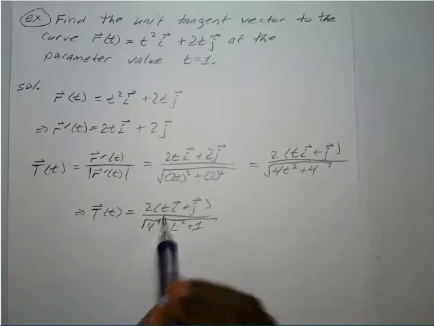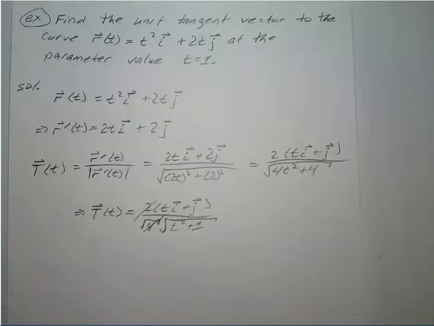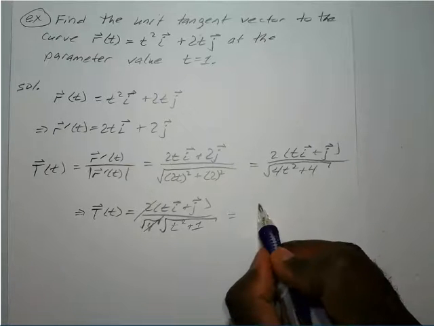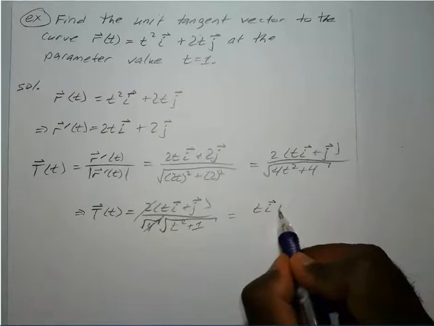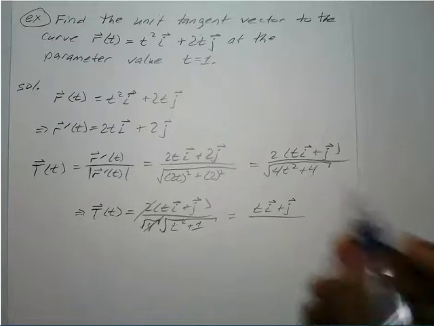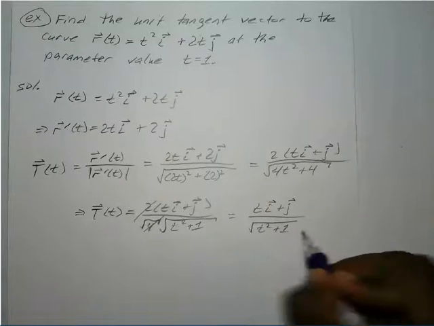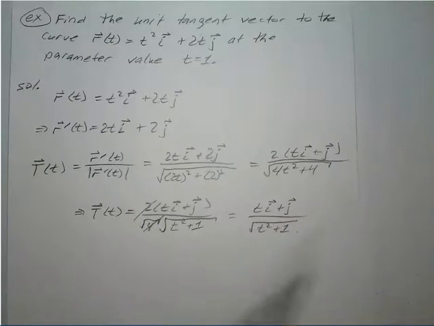Okay, so we see the square root of 4 and the 2 cancel each other out. So we end up with a unit tangent vector, t times i plus j over the square root of t squared plus 1. That's our unit tangent vector.